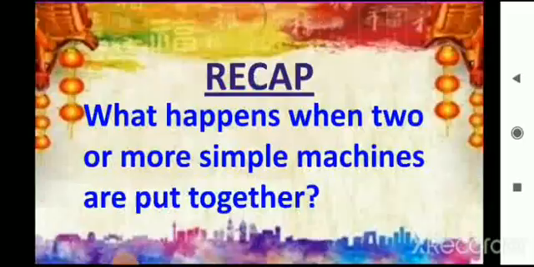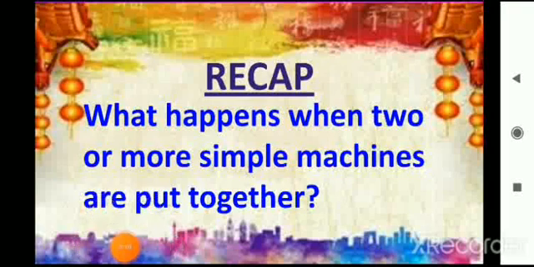Clear? Now, firstly, we will discuss some recap questions. Your question is, what happens when two or more simple machines are put together? I hope you all know that simple machines are those machines which are used to help us to make work easier, right?